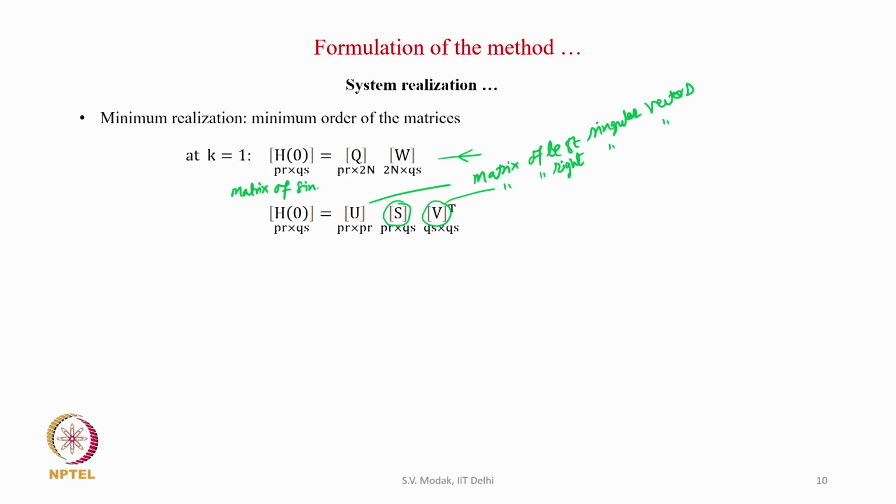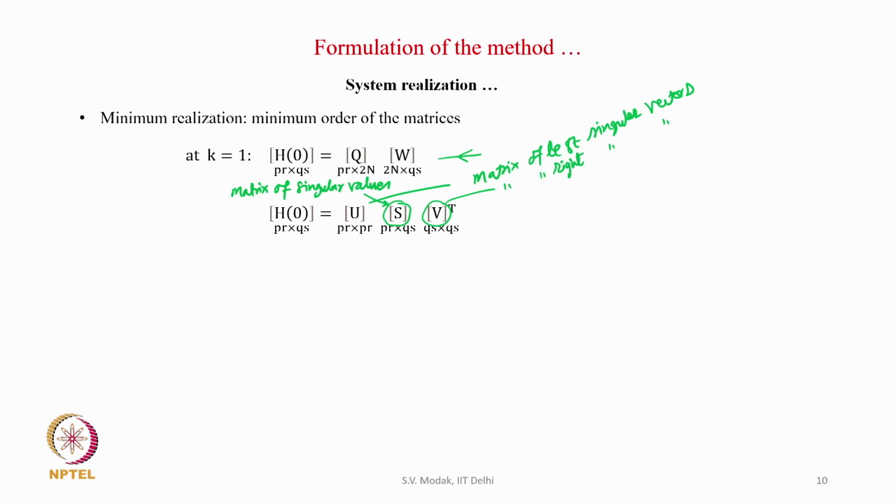We see that the order of the singular value matrix is the same as the order of the Hankel matrix. So, it is a rectangular matrix and the size is PR into QS.